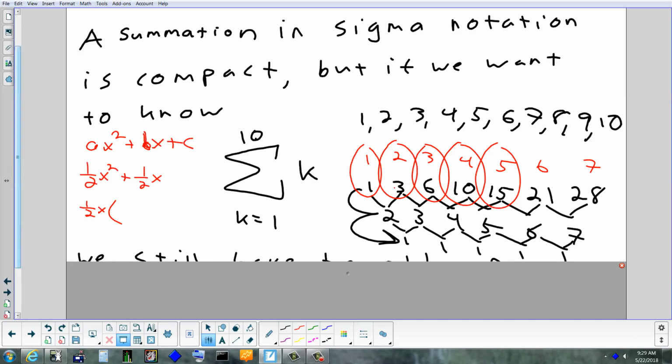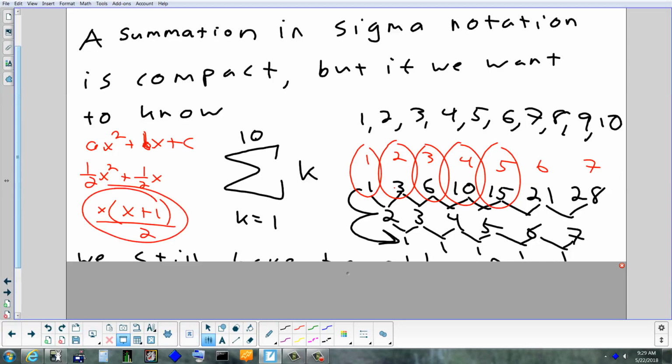If you factor that out, you're left with x plus 1. And the last thing is, instead of multiplying by a half, that's the same as dividing by what? 2. So I'm going to write it like this. I think most people will find that a little cleaner.